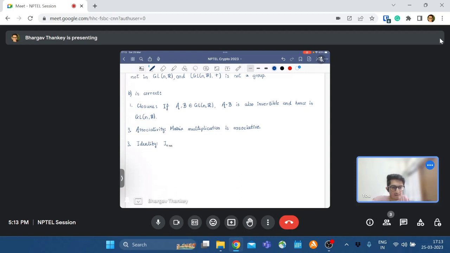When we are looking at the multiplication operation, the identity is the identity matrix, right? I n cross n, because I n cross n times A is equal to A times I n cross n is equal to A, and I n cross n is invertible.